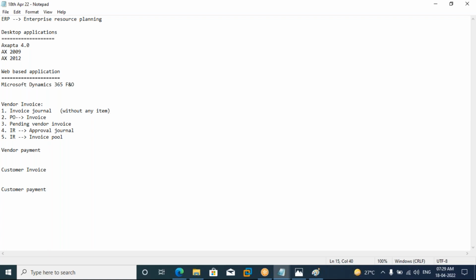What do I mean? Suppose I am purchasing A4 stationery, A4 papers. I am not purchasing that stationery for sales. This is for my employees, who want A4 paper to take printouts. So I am purchasing these items not for sales, so it is without any item. Suppose I am purchasing water bottles, tissue papers. Why? To accommodate my employees.